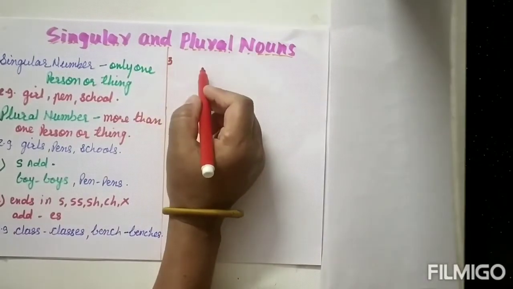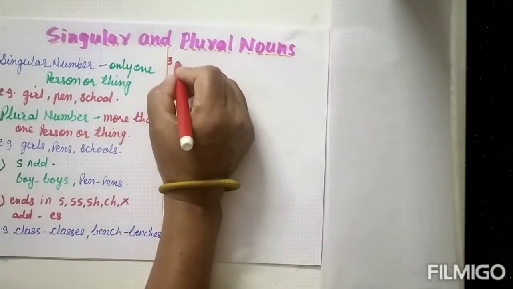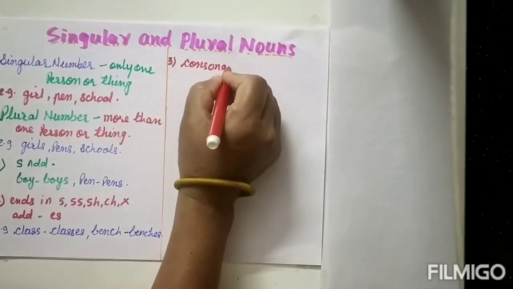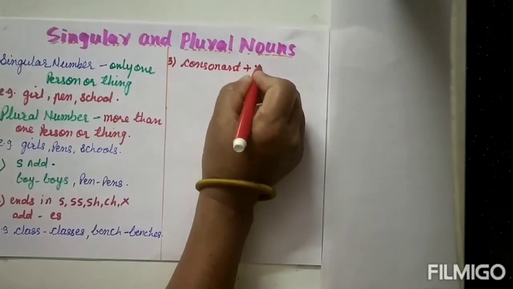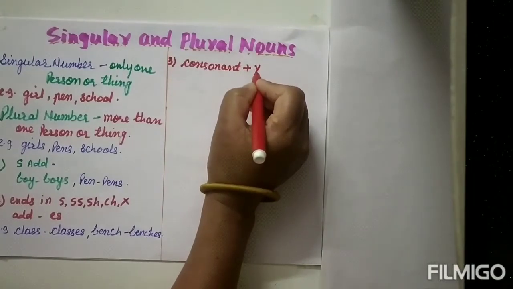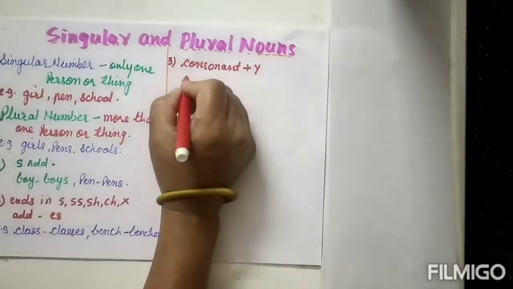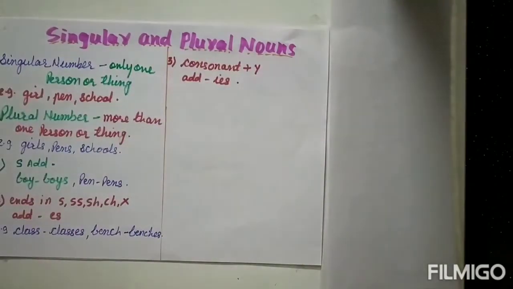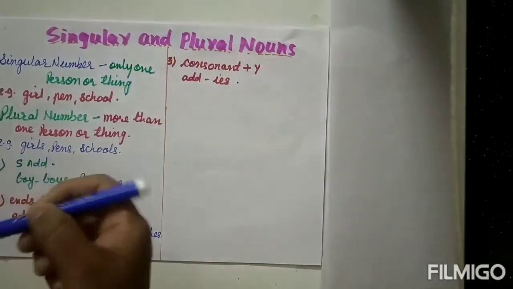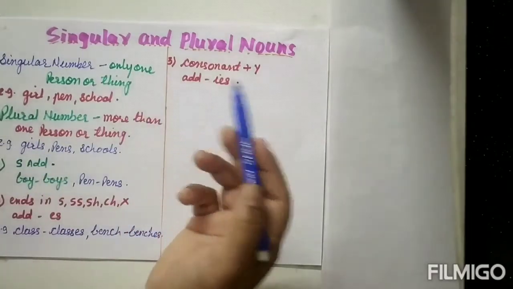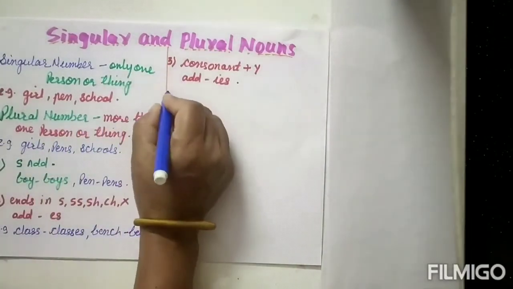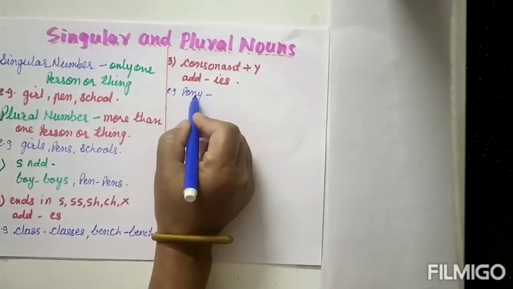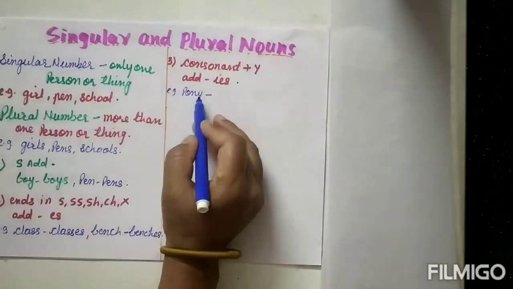Now next rule, third rule. If a noun ends in a consonant plus y, then drop the y and add ies to its singular form in order to change it into plural form. For example, pony. Here n is consonant plus y.